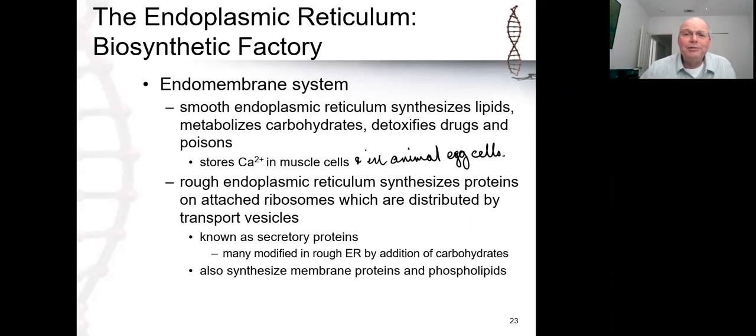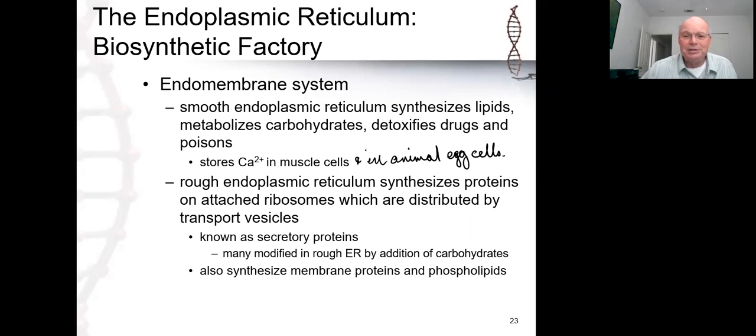The rough endoplasmic reticulum does one thing and one thing particularly well. It makes polypeptides and proteins through the ribosomes that are attached to the surface. Those are then going to be packaged into vesicles that bud off the rough endoplasmic reticulum called transport vesicles.